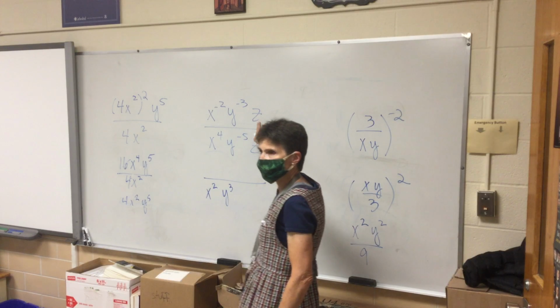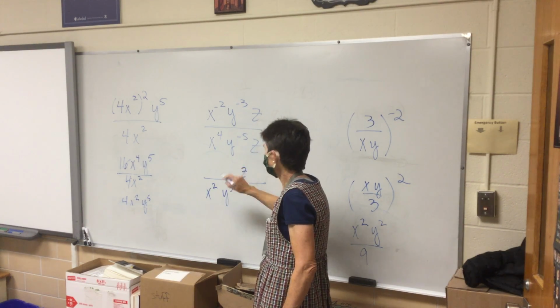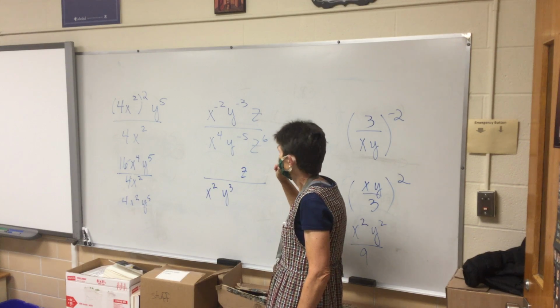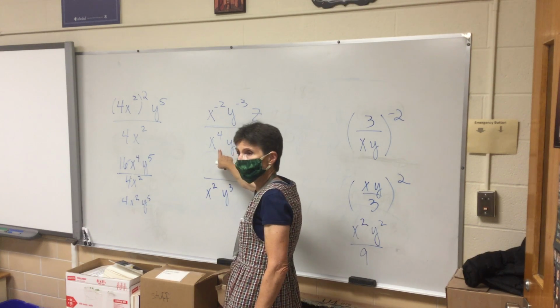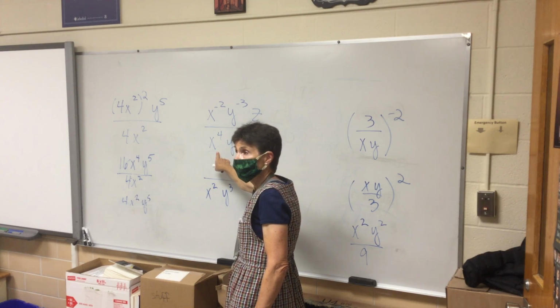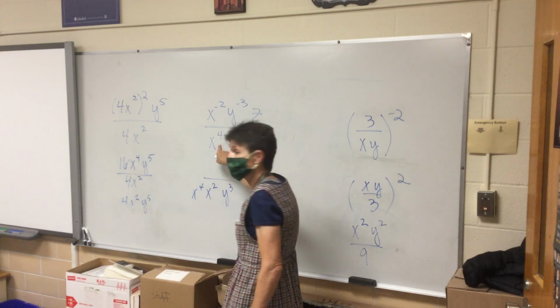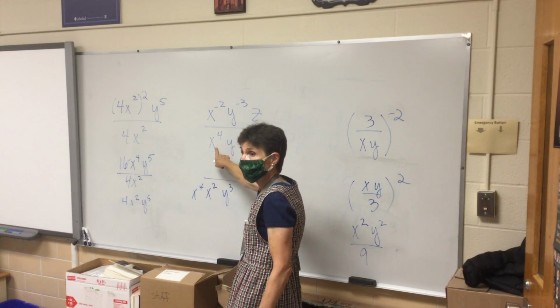Now what about this Z right here? What do I do with him? He stays right where he's at. Now what about this x to the 4th? Is that going to go up? No, that's going to stay put because it's not negative.